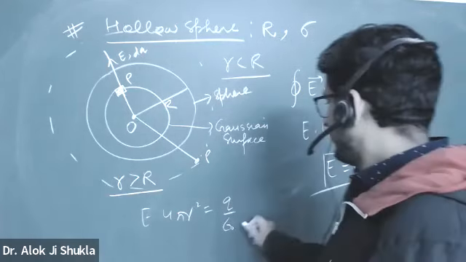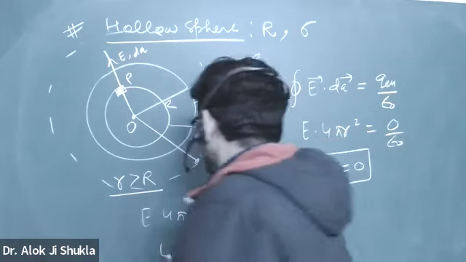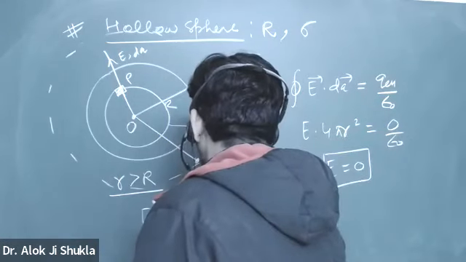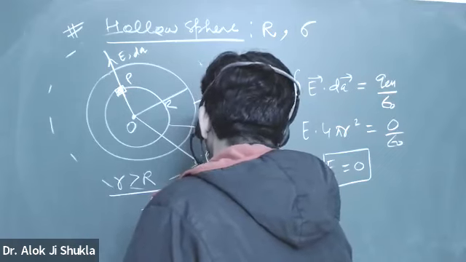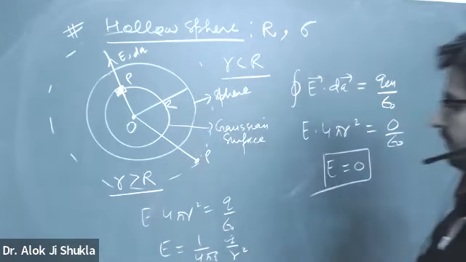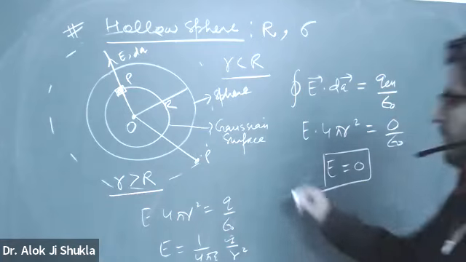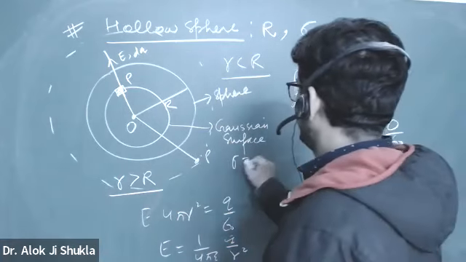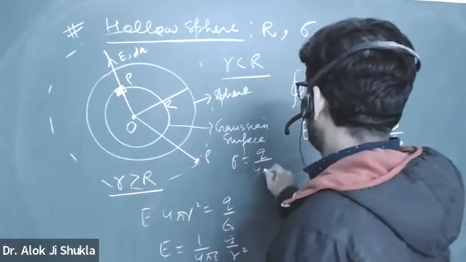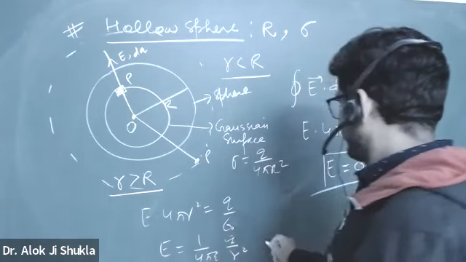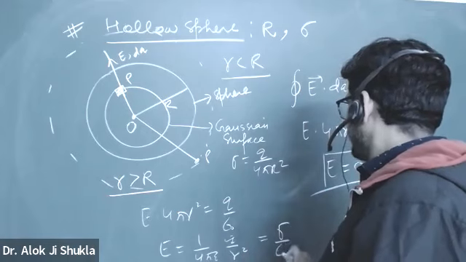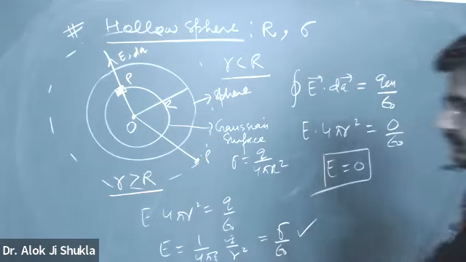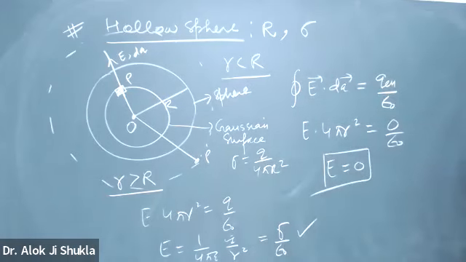So the field will be 1 by 4 pi epsilon naught Q by R square. और in terms of sigma क्या होगा? Because sigma will be Q by 4 pi R square. So it will become sigma by epsilon naught. This will be the field.